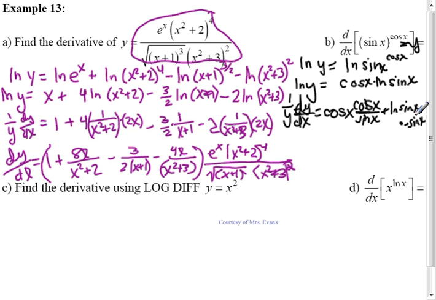Alright, and then don't forget we have to multiply both sides by y. So dy dx equals, this is cotangent here, so to save a little space, I'm going to write cosine x times cotangent x.